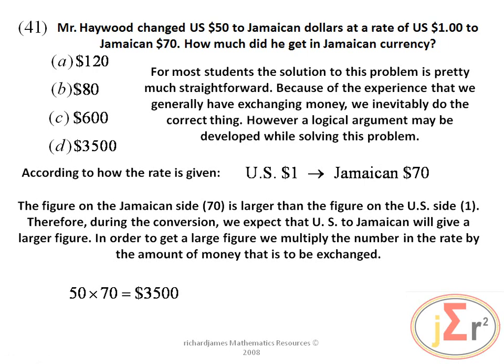So in order to get a larger figure, we will multiply by the number that we have in the rate. So we are multiplying 50, which is the amount that we are converting, by the number that is in the rate, and our answer is $3,500. The answer is option D.